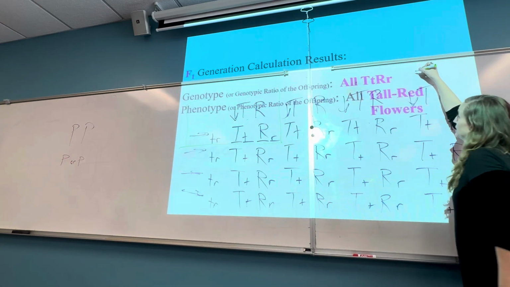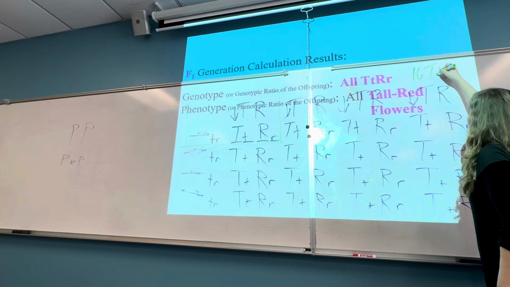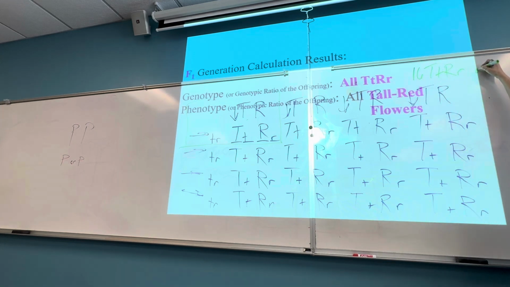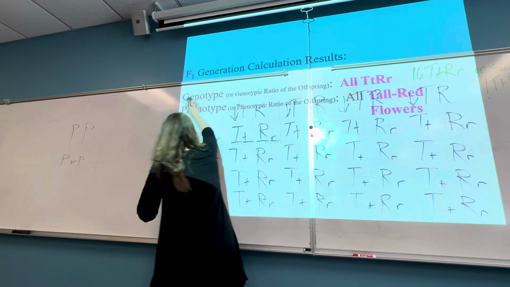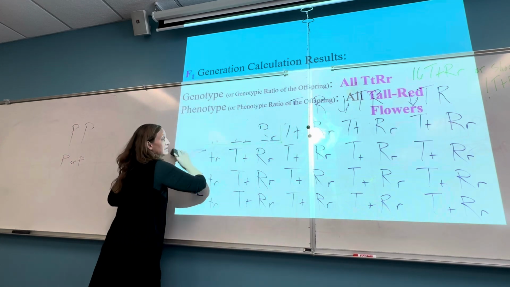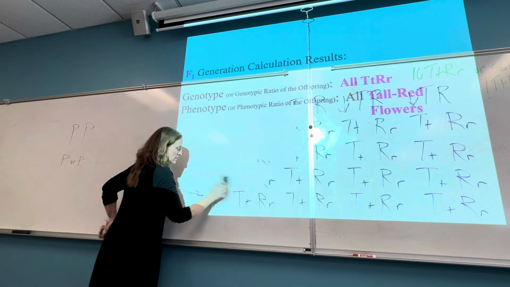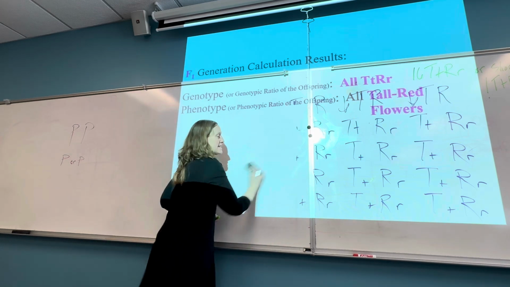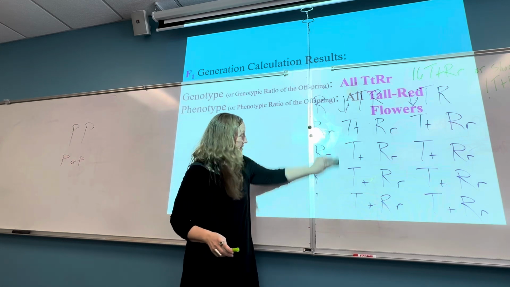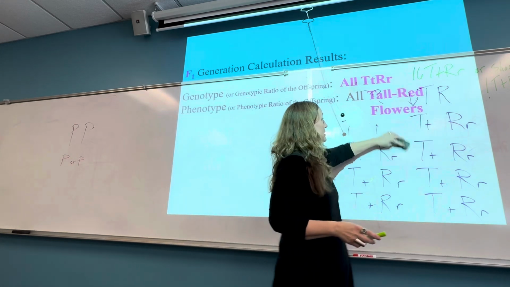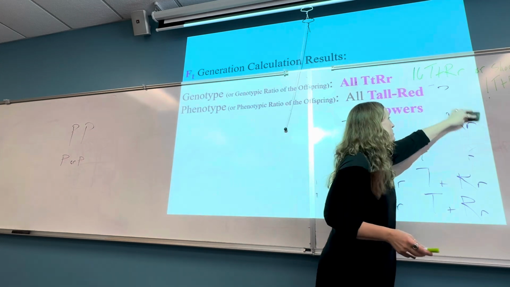You could say if you did 16, and if you did the shortcut, you could say 1. We could do the same with the phenotypic ratio. They're all tall red flowers. You could say 16 tall red flowers. You could say 1 tall red flower.